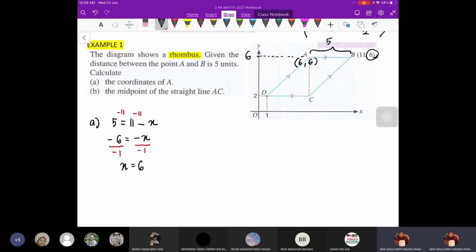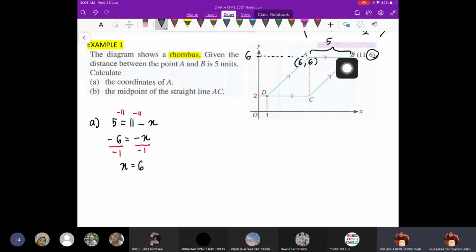Okay. B, the midpoint of the straight line AC. So if you see AC, dia parallel to the y-axis. And the midpoint dia nak kita cari. Titik tengah-tengah. So you cannot assume since rhombus, teacher bagi tahu AB is equals to BC equals to CD equals to AD.